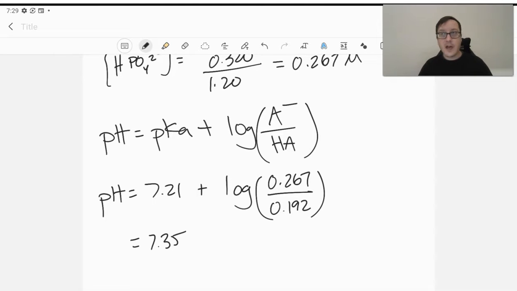So hooray! All right, now to ruin everything. Since both your A minus and HA were divided by the same number, you can mathematically work that out elsewhere. And you'll find that you can actually just plug in the moles directly. So all that for nothing.